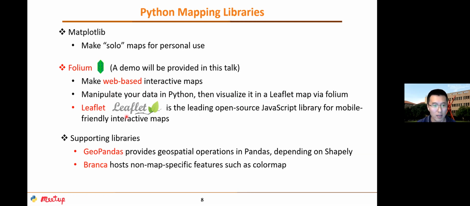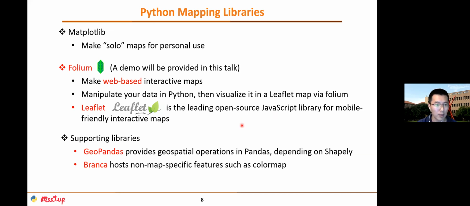Leaflet is a very powerful open source JavaScript library for making interactive maps. So that means even though Folium is a Python library, the engine for making maps is Leaflet under the hood. Folium is like glue to bind Python and Leaflet together.